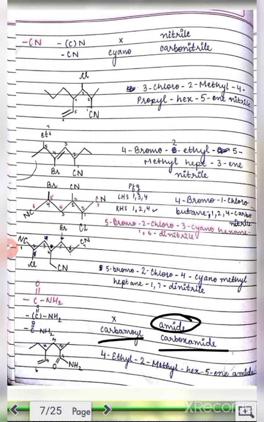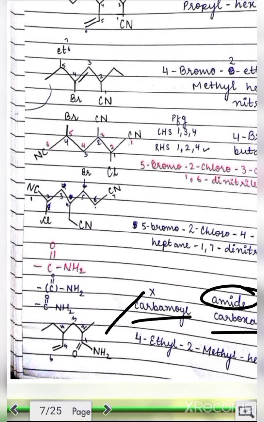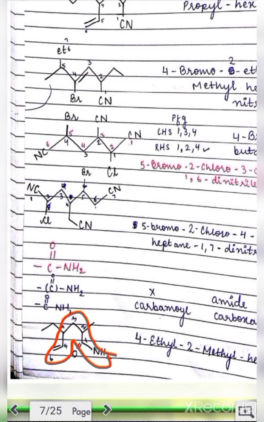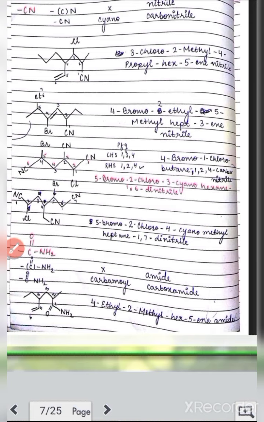So our first example is this one. In this, our main parent carbon chain will be this, including the functional group as well as the multiple bond, and the name is accordingly 4-ethyl 2-methyl hex 5-ene amide.